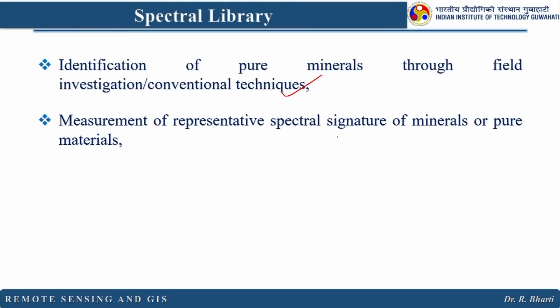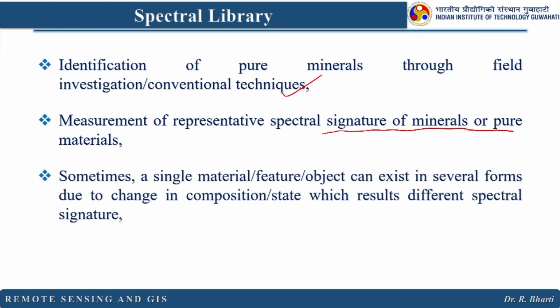Then you use the spectroradiometer, generate the spectral response of that mineral and store it somewhere, right. Now, the next is measurement of representative spectral signature of minerals or pure materials, right. I have already explained this.